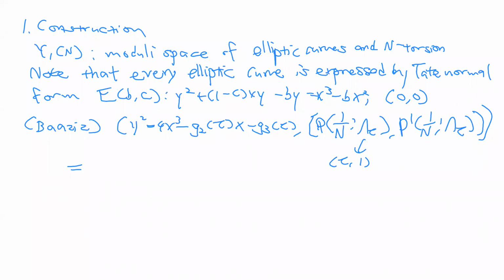Another way: because every elliptic curve can be converted to Tate normal form, and the given point can be converted to (0, 0), you can convert this to Tate normal form of, well, parameters B, C, but now they are functions of tau, if you will, and (0, 0).